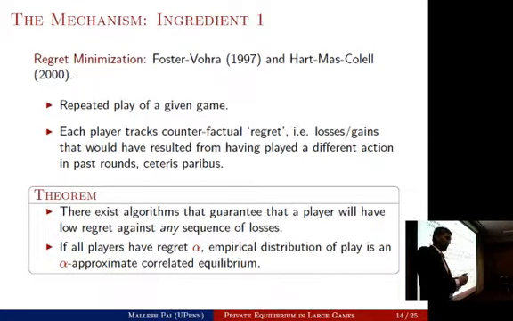After it's done the simulated play enough times to be convinced it's gotten close enough, it stops running the simulation, looks at the realized empirical distribution of play, and picks out a joint distribution. But the actual game gets played only once. The multiple rounds I was talking about are only internally simulated by the mechanism itself.